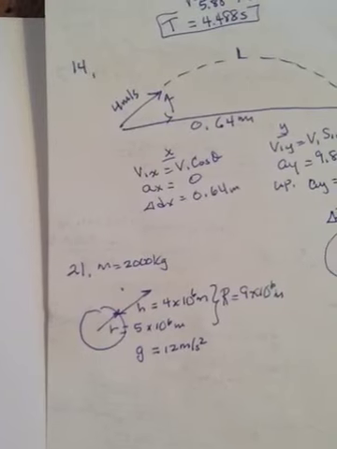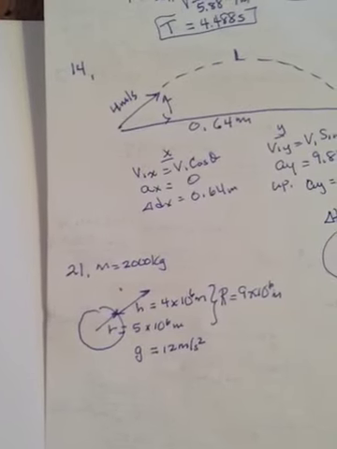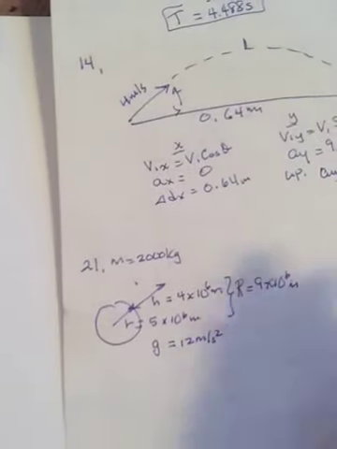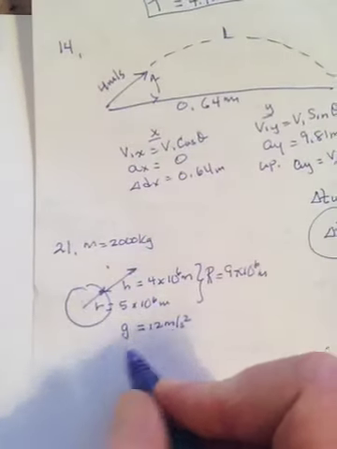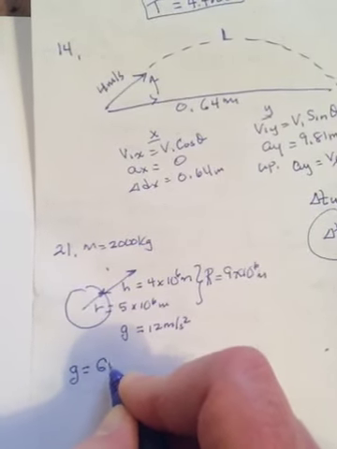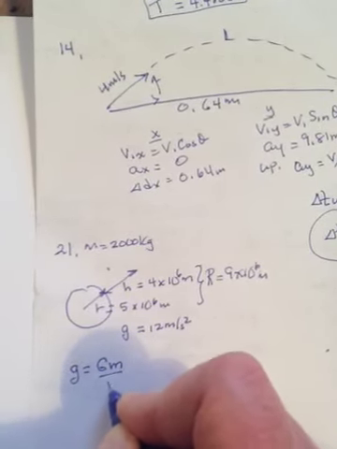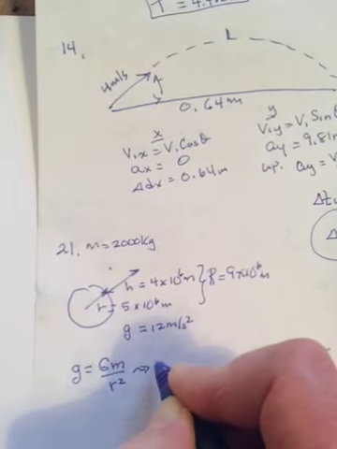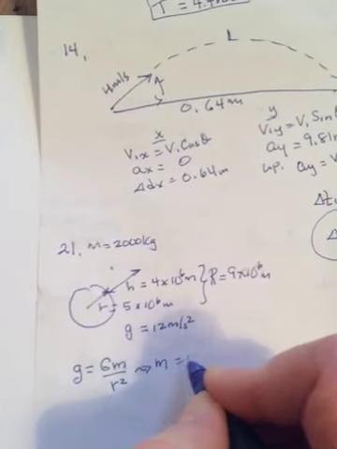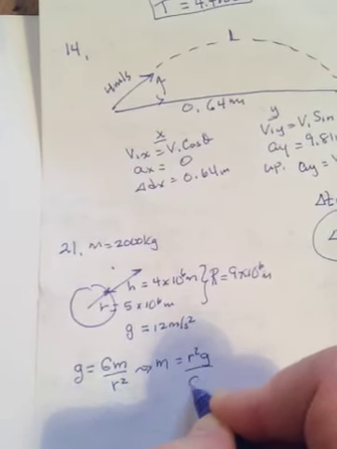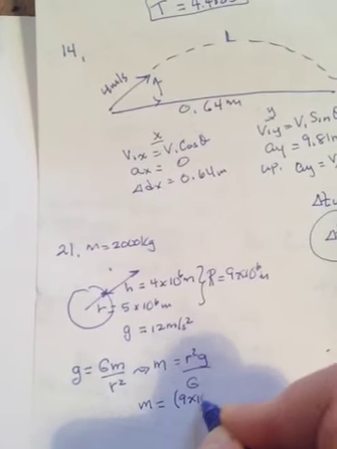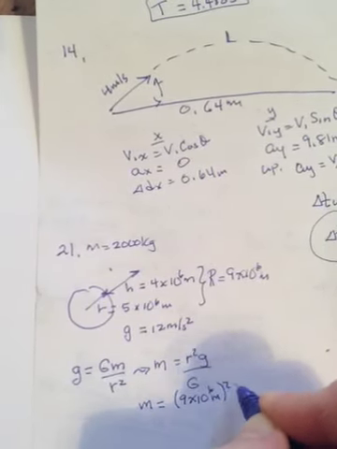Okay? So I am trying to cheat here so I don't have to type everything in my calculator. So mass of the planet, the easiest way to get the mass of the planet is to use little g equals capital G M over r squared and rearrange for M, because this is the mass of the central body. So it's going to be equal to r squared g over capital G. So r squared is 9 times 10 to the 6th meters squared.